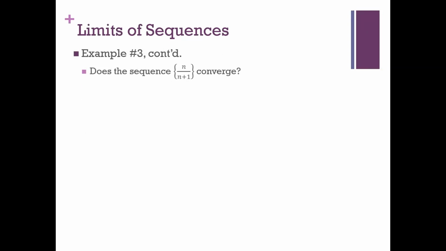We talked about this one, right? Does this sequence converge? Why does it converge? What's the question you have to answer? The limit of this sequence was 1, right? As n did what?